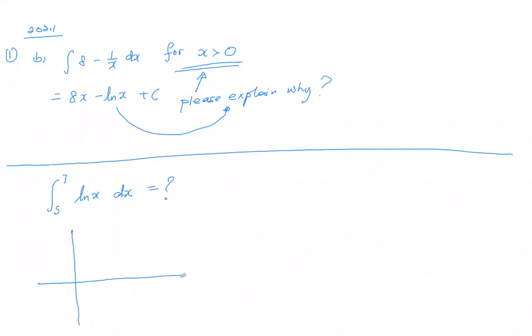I'm going to illustrate it from the graph. 5 is here. 7 is here, correct? I want this area.